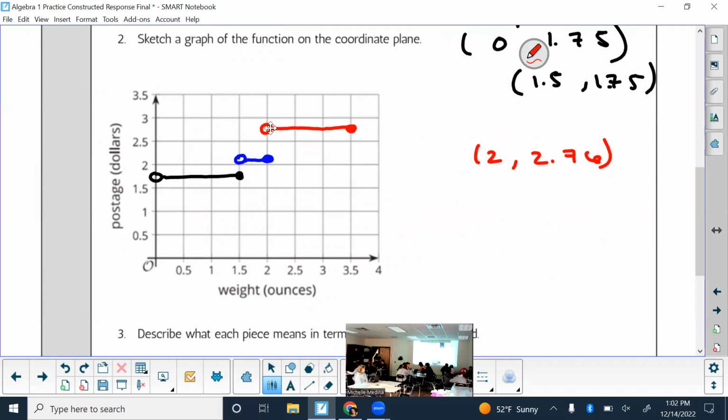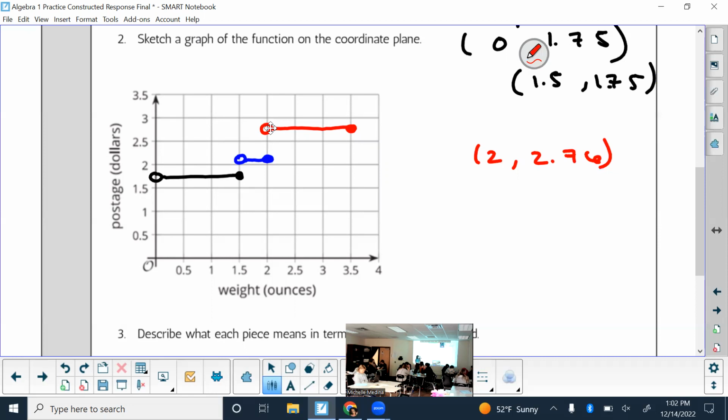And for the describe what each piece means, honestly, just give me a summary of what's going on in the real world problem. There's a summary on that front of your paper if you want to read theirs. And if those things they copy it, replace the numbers. But you could say above 0 up to 1.5 ounces, it costs 1.75. Easy enough.